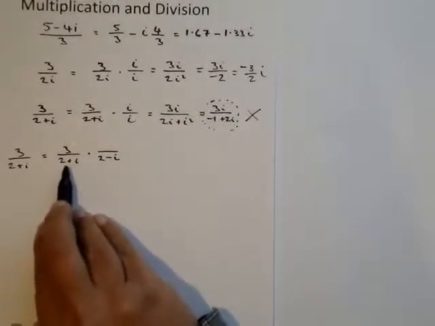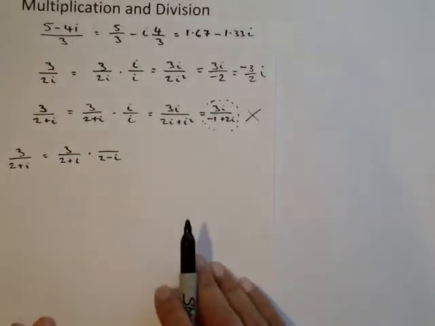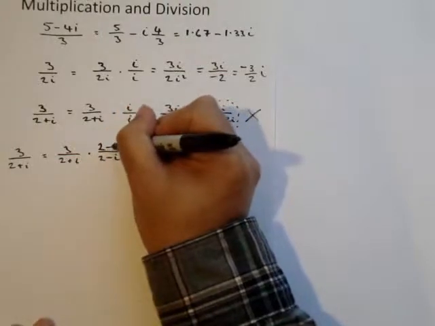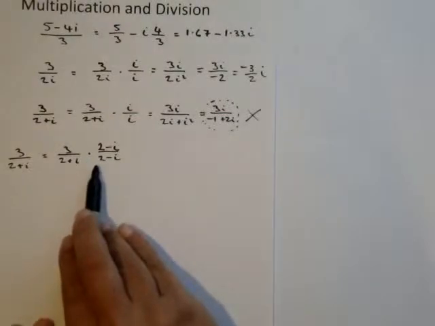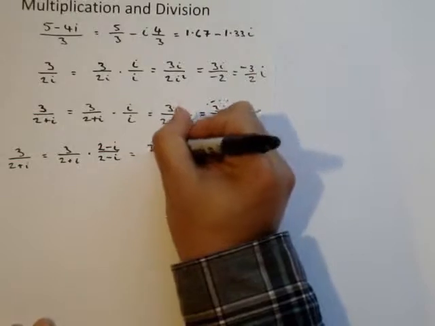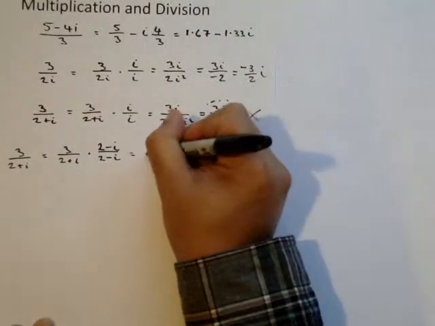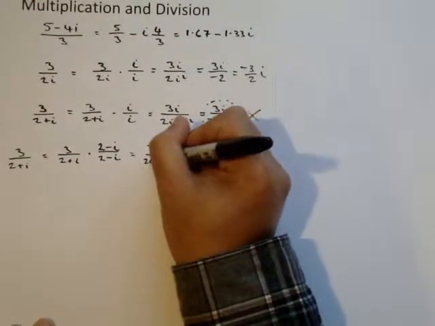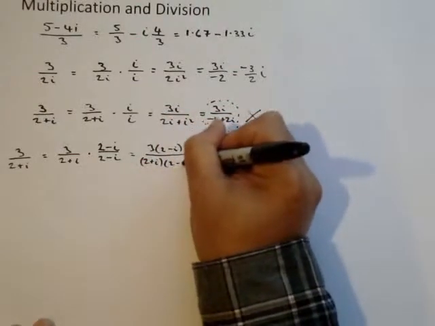We just reverse the sign of the binomial under the denominator. So we have to do the same to the top, 2 minus i. So essentially that's 1, so we're multiplying 3 over 2 plus i by 1. This then equals 3 times 2 minus i, and the denominator becomes 2 plus i times 2 minus i.